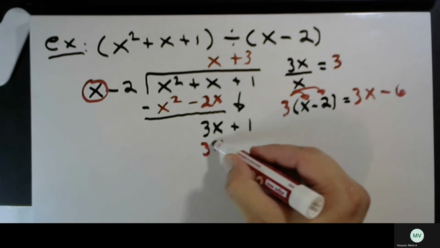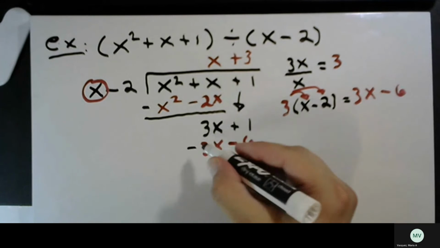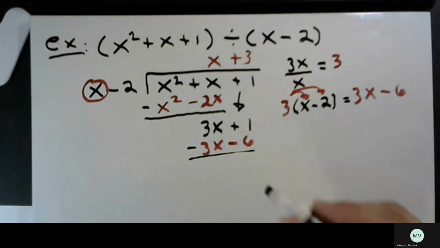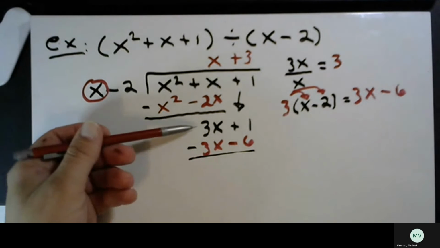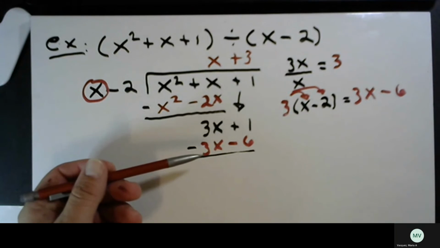Yeah, 3x minus 6. And again, we're going to subtract. So 3x minus 3x, that's going to be 0.